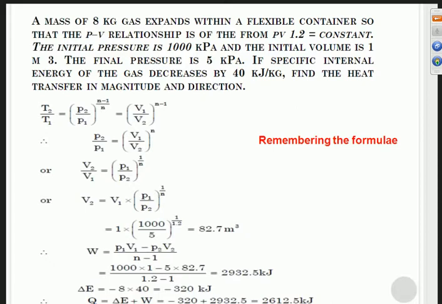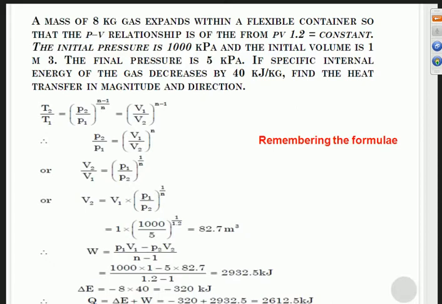The initial pressure is 1000 kilopascal and the initial volume is 1 meter cube. The final pressure is 5 kilopascal. If the specific internal energy of the gas decreases by 40 kilojoules per kg, find the heat transfer in magnitude and direction. This is the problem I have given for the students.